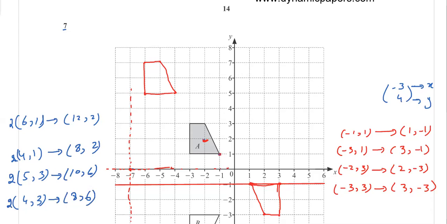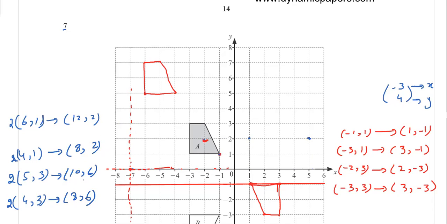Now again, this is your center, so this will be your origin throughout. According to this origin, write the new coordinates. (12, 2) is 1, 2, 3, up to 12, and then 2. Now (8, 2) is 1, 2, 3, up to 8, and then 2.